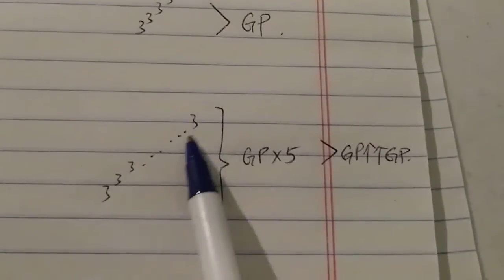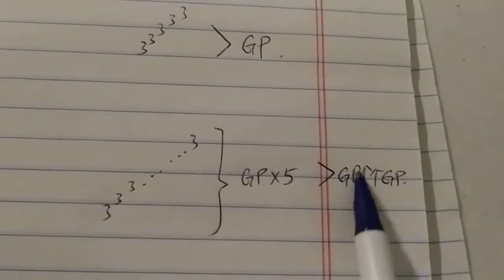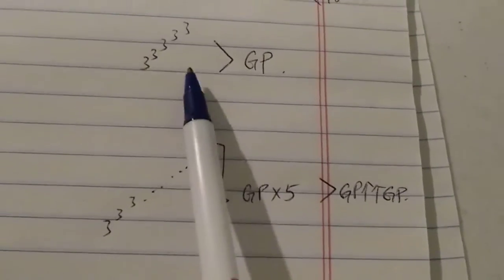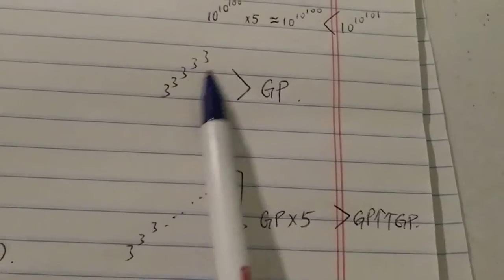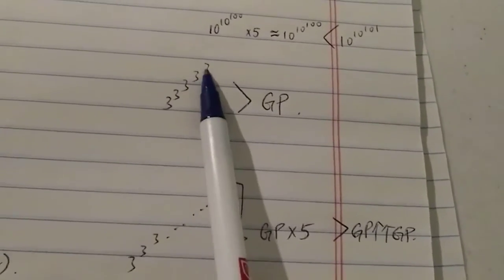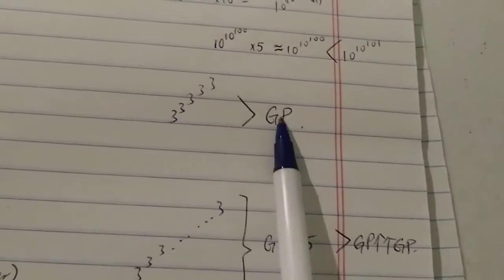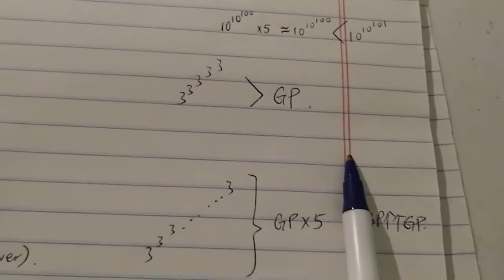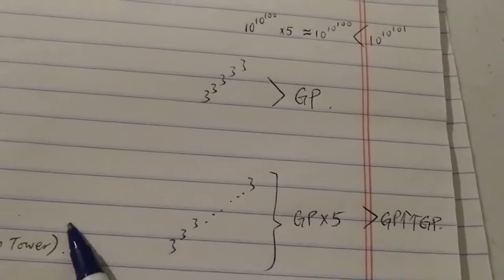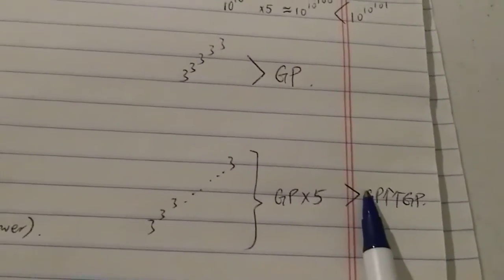And actually, in reality, this is even way bigger than this, because this one you're just talking about how many threes, you're just counting groups of 3. So 5 threes is bigger than a Googolplex. The next 5 threes is also bigger than the second Googolplex, and then the third is bigger than the third Googolplex.